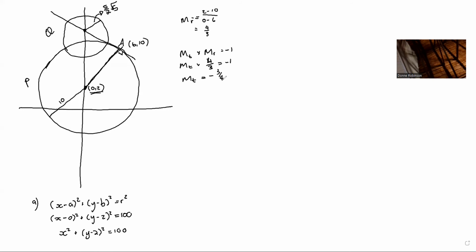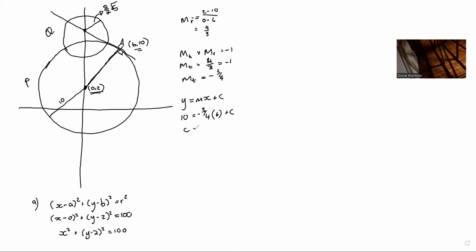I can then just substitute it in my straight line equation because I know that my tangent would be a straight line. And I'm going to add the A coordinates to my x and my y. So I have 10 equals my gradient multiplied by 6 plus c.